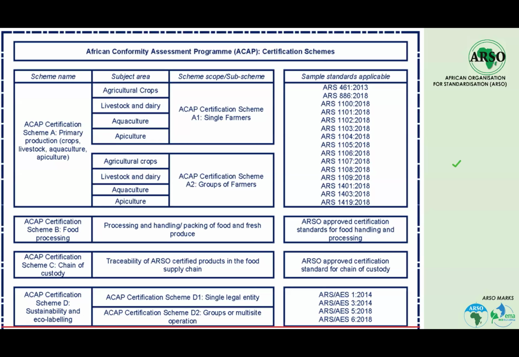You know, sustainability standards tackle issues on environmental, social, and economic, but you cannot get certified only because you have followed all the requirements of these standards, where your product is not fulfilling the quality requirement of the product itself. So under this scheme D on sustainability and eco-labeling, we can also have a single legal entity or group of farmers.